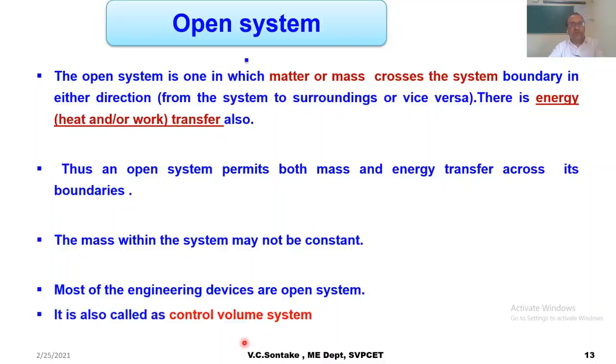Open system is also called a control volume system. As I have explained, in an open system, mass is continuously changing, but its volume will remain constant. That is why an open system is also called a control volume system.